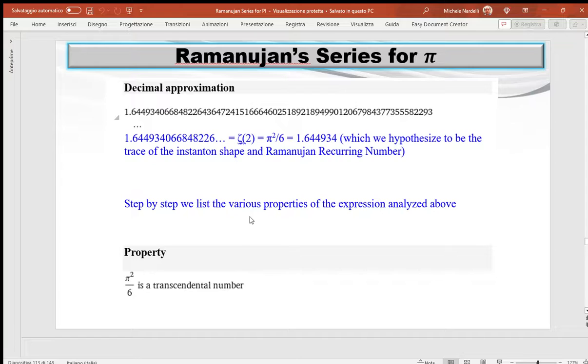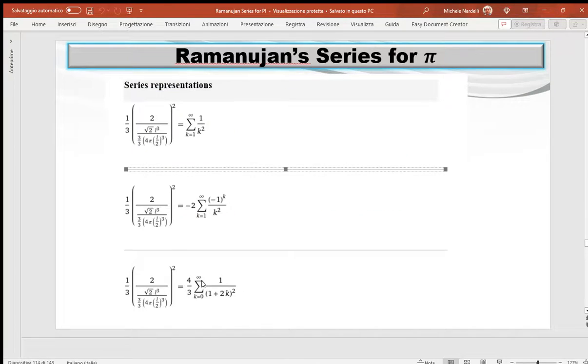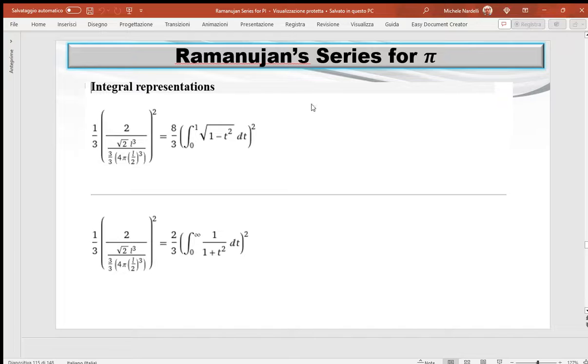Also here we list the various properties of this expression. Practically pi squared over 6 is a transcendental number. The series representation, the integral representation.